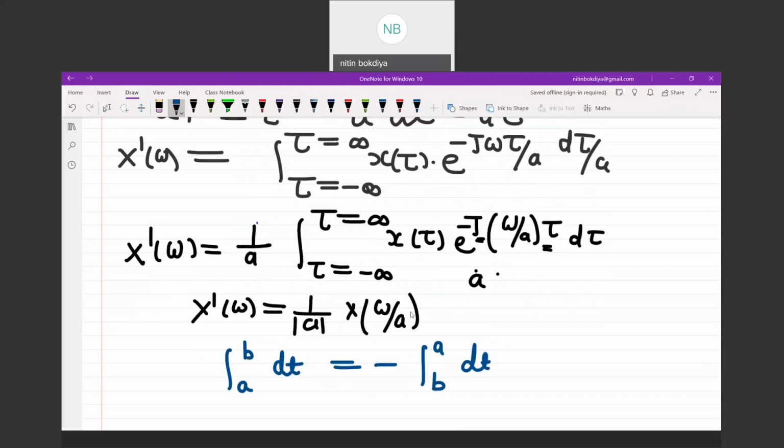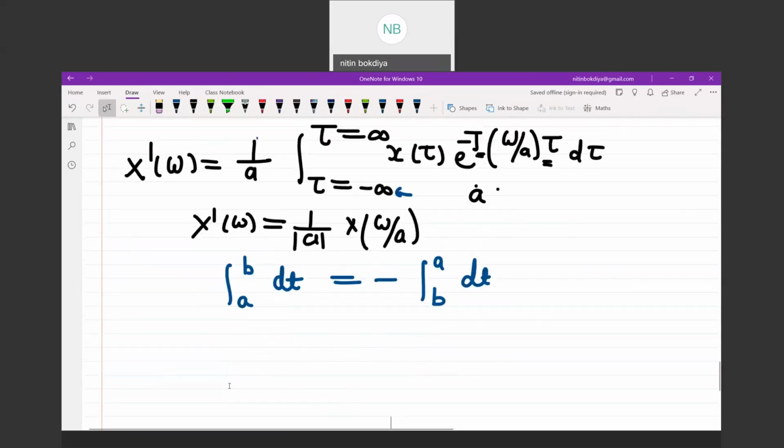So the minus sign will compensate in that limit, because when a is negative the limits will be plus infinity to minus infinity, and that will compensate this sign.